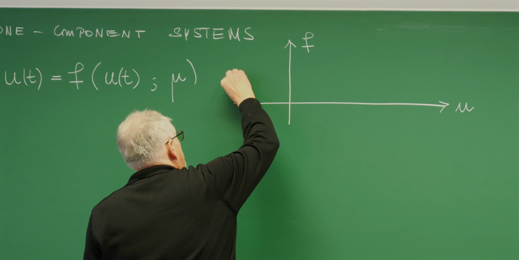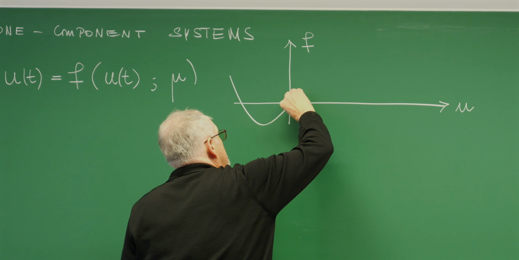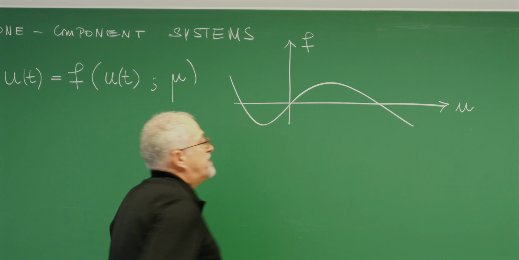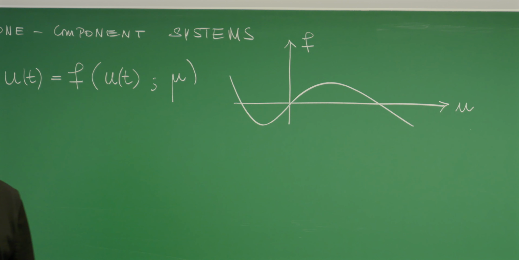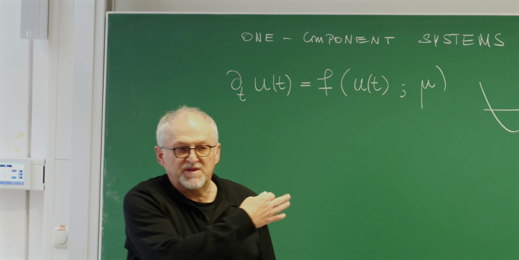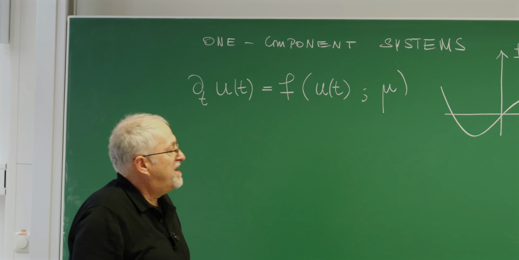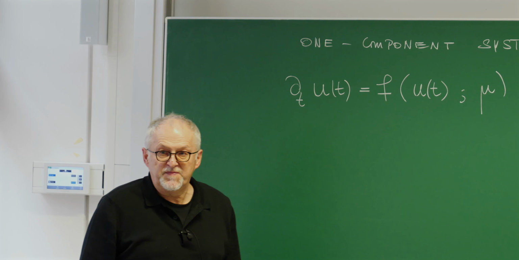Let me draw something like so. That's an example, of course. You could have many more zeros, and you could have a more rugged landscape as you like as a function of u. But let's start with something that has 3 zeros.